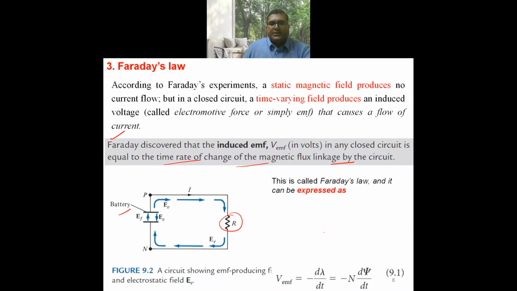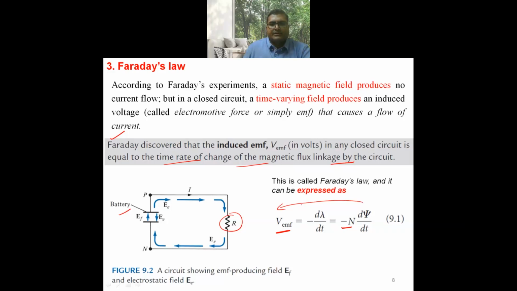And this can be mathematically expressed as VEMF is equal to minus N dou psi by dou T, or d psi by dt, the time rate of change of magnetic flux linkage by the circuit. It will give the value of induced EMF.